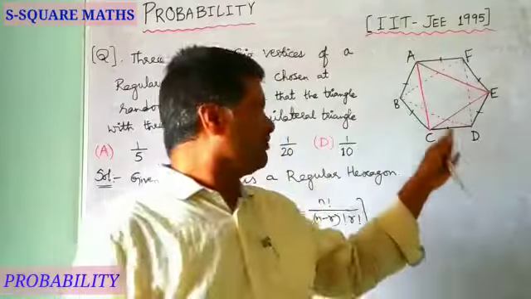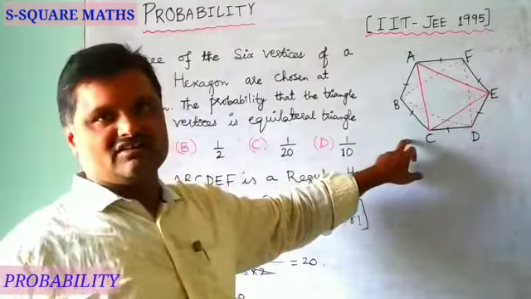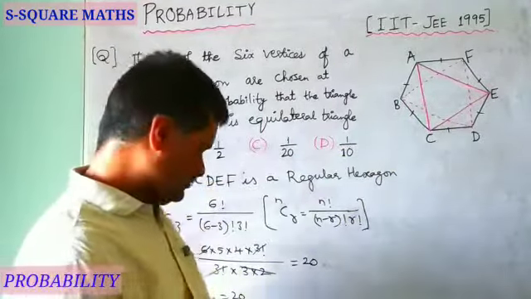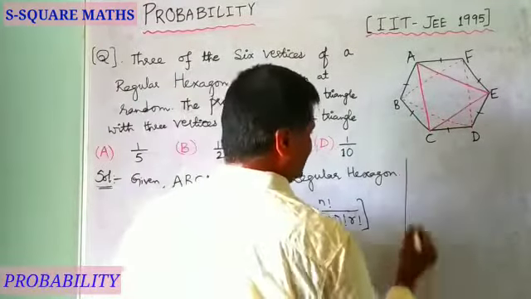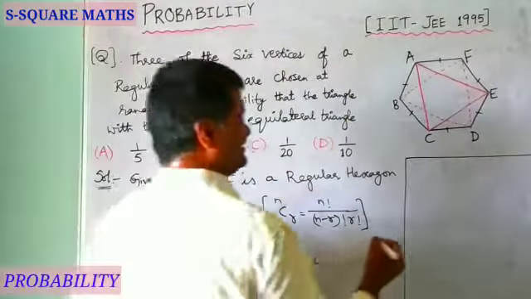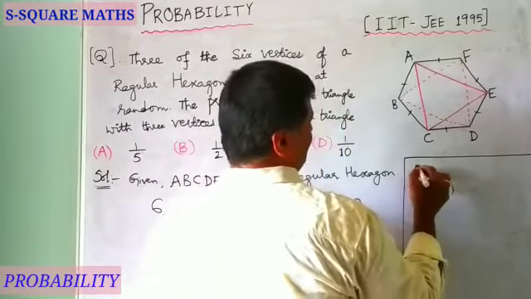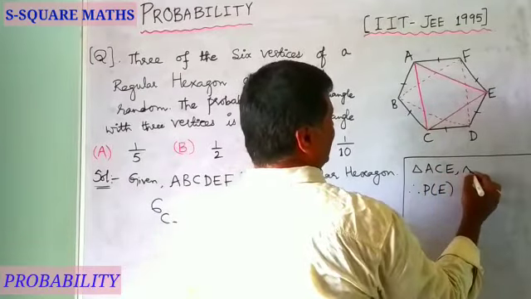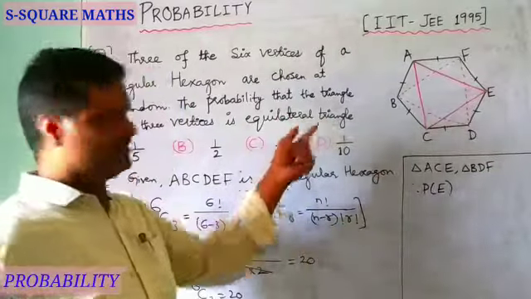So this is a basic point you have studied previously. In a regular hexagon, only 2 equilateral triangles we can form. So the desired probability: let E be the event of getting an equilateral triangle. Triangle ACE and triangle BDF are our 2 equilateral triangles.